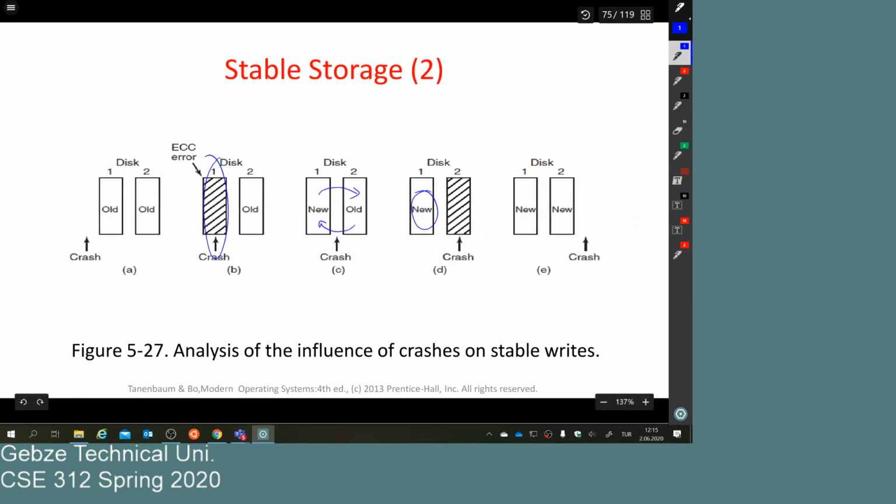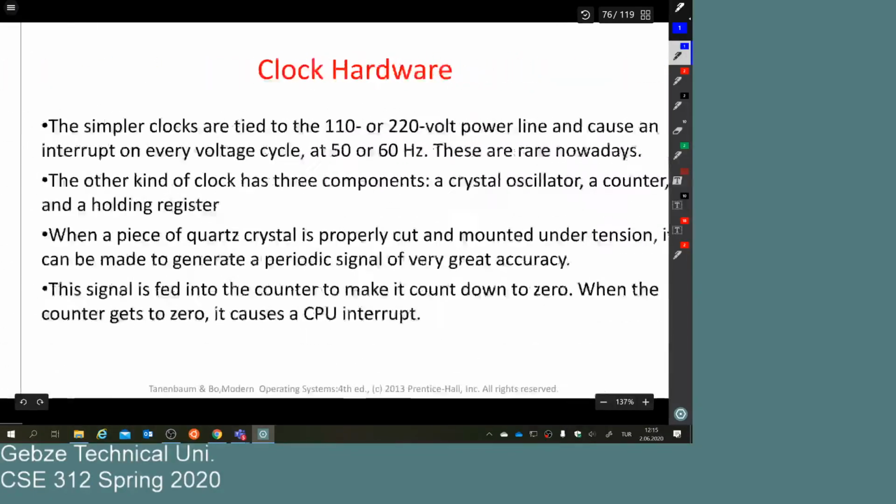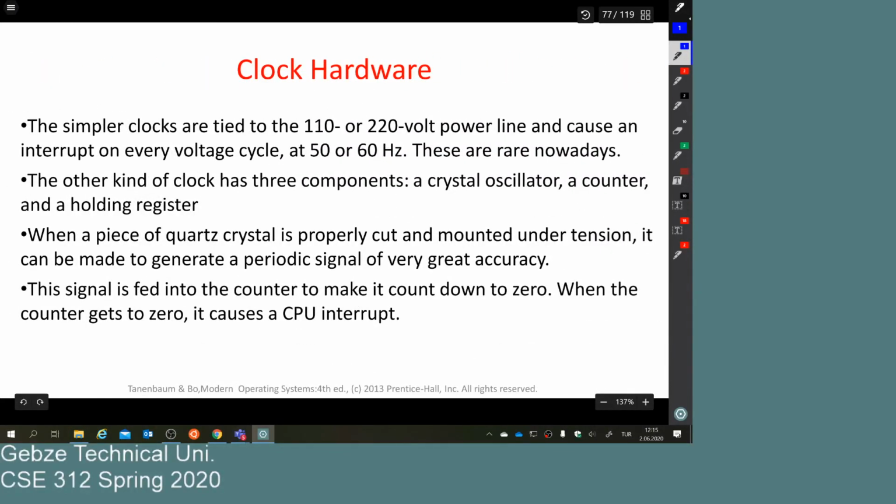Okay, if there are no questions, I will look at one of the other important I/O devices, which is the clock. Clock is an I/O device. It's a very special device, but it's a very important one.